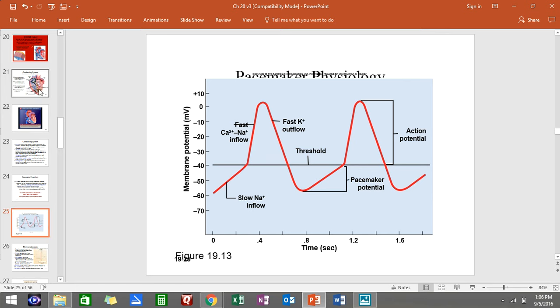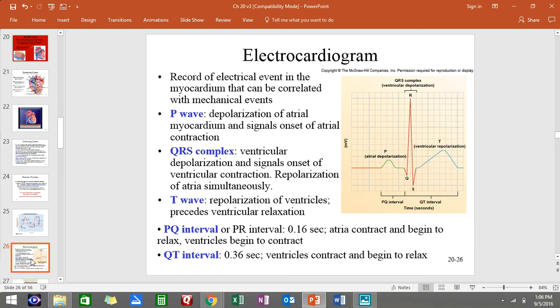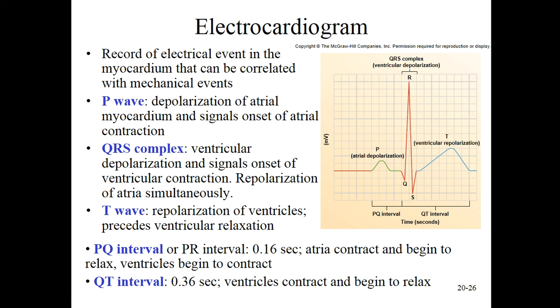Okay, so now our challenge is to try to understand the pattern of the electrical activity in the conduction system and see how that's related to the electrical graph that we observe if we slap on an EKG. And that's what the rest of this little video is going to be about, the EKG.